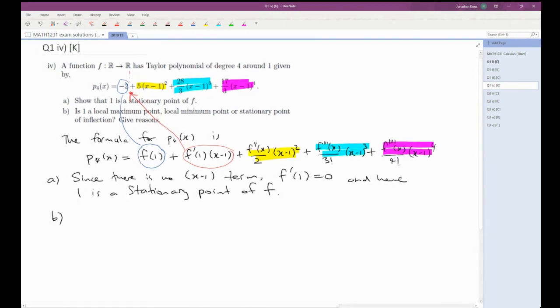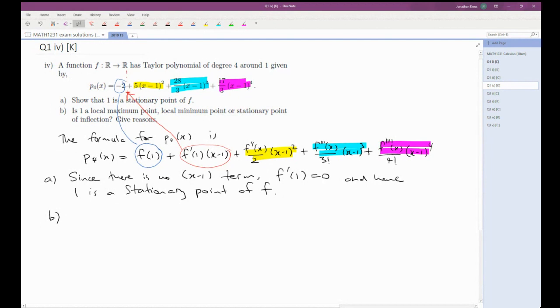So just matching up terms, from the yellow stuff, we can see that f double dashed of 1.